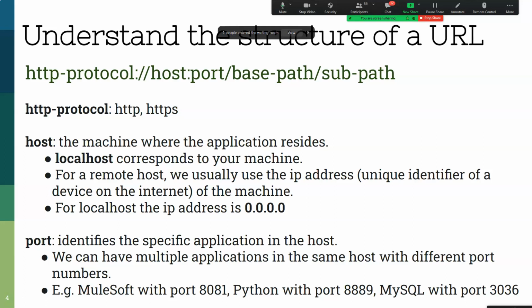By default for MuleSoft, the port number is 8081, and for MySQL it is 3036. But these port numbers, we can also modify them. For MuleSoft, for example, if 8081 has already been used by another application in your system, then you can use 8082 or another set of numbers.